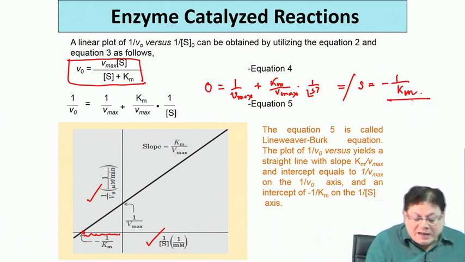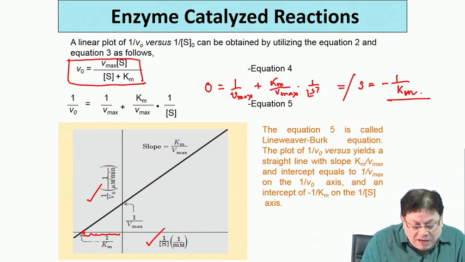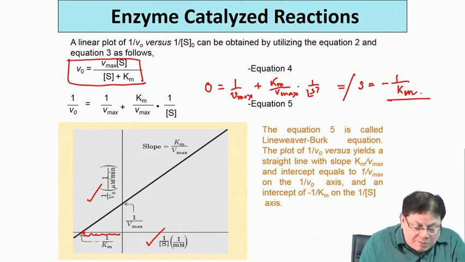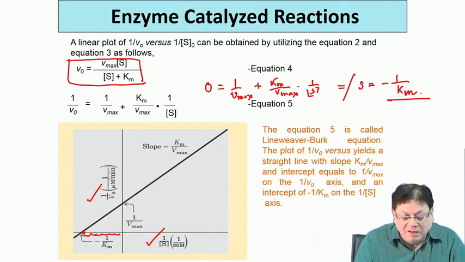Okay. So, that means this intercept is minus 1 by K m. The minus value comes because it is on the other side of the x axis.